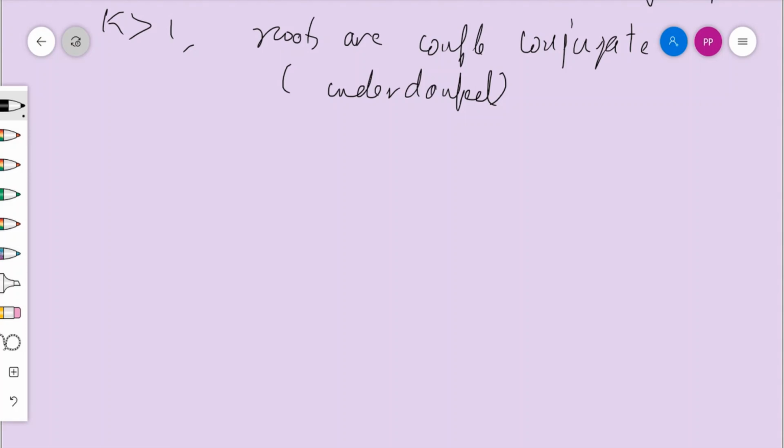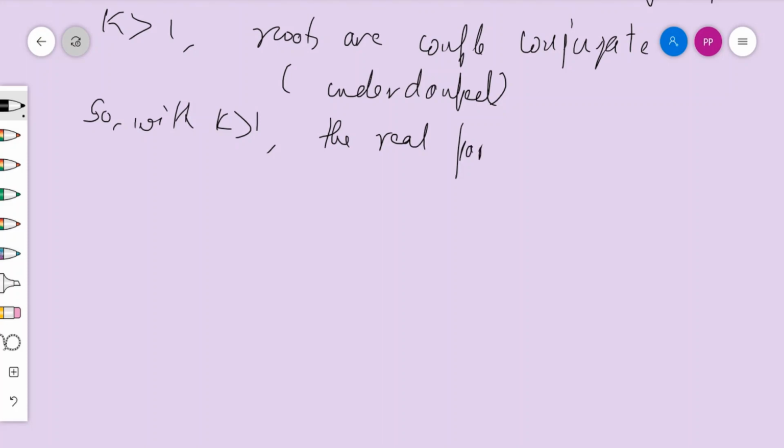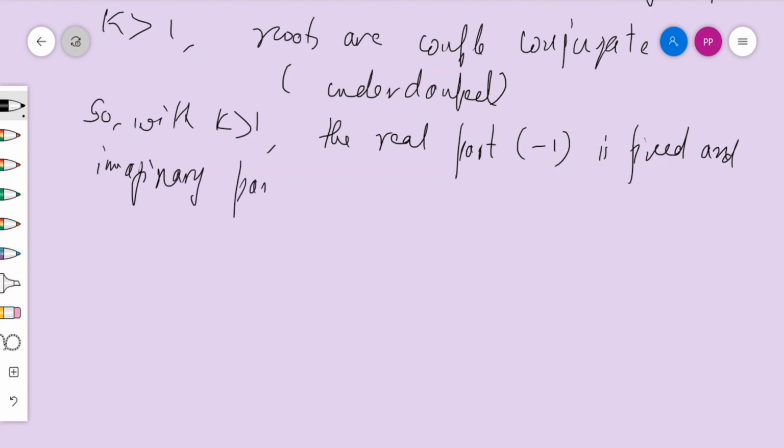So I can write the statement here: with k greater than 1, the real part that is -1 is fixed, and the imaginary part increases with increase in the value of k.